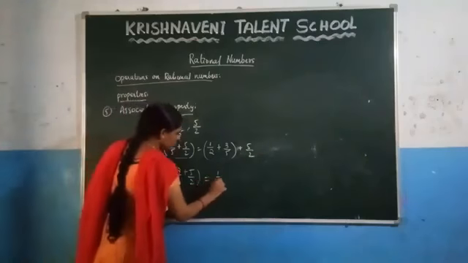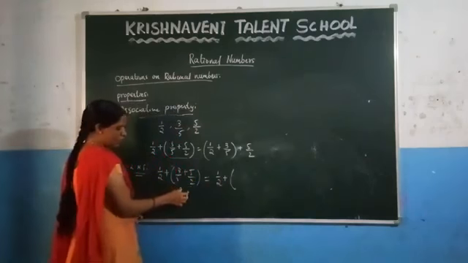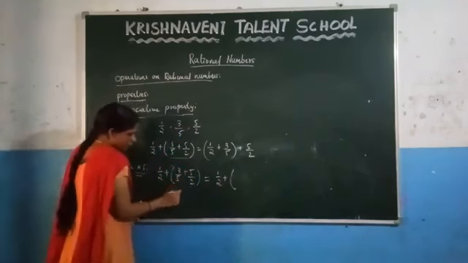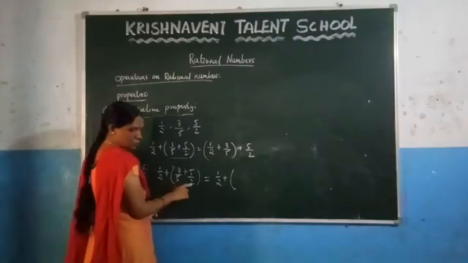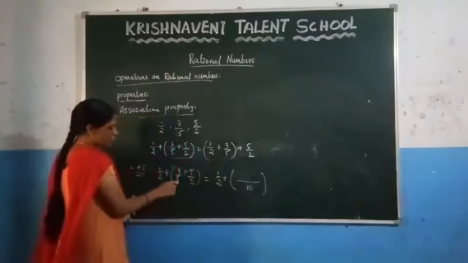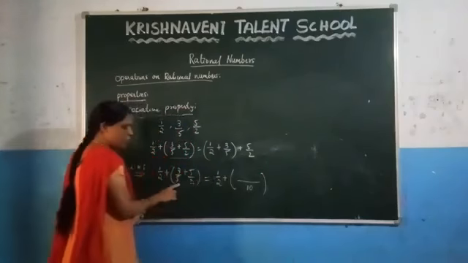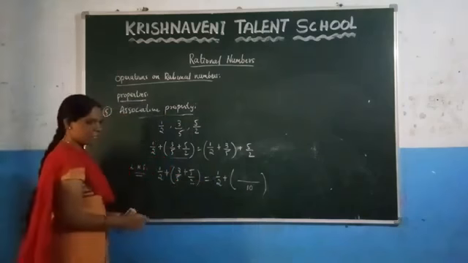Here 1/2. First you have to solve the numbers under the brackets. What is the LCM of 5 and 2? You know that the LCM of 5 and 2 is 10. So what will we get here? Here 5 is there, here 10 is there. Which number do you have to multiply such that you get 10?